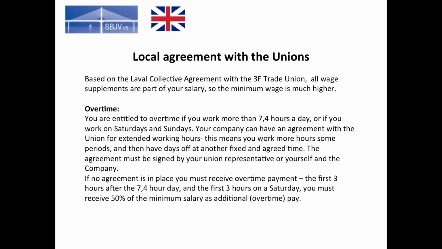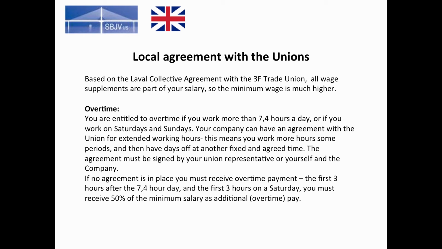Overtime. You are entitled to overtime if you work more than 7.4 hours a day, or if you work on Saturdays and Sundays. Your company can have an agreement with the union for extended working hours. This means you work more hours some periods and then have days off at another fixed and agreed time.